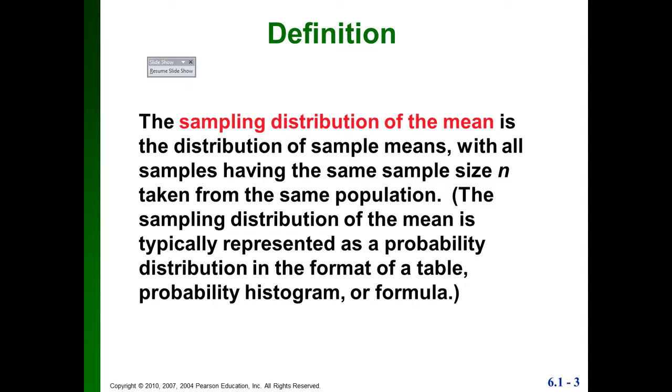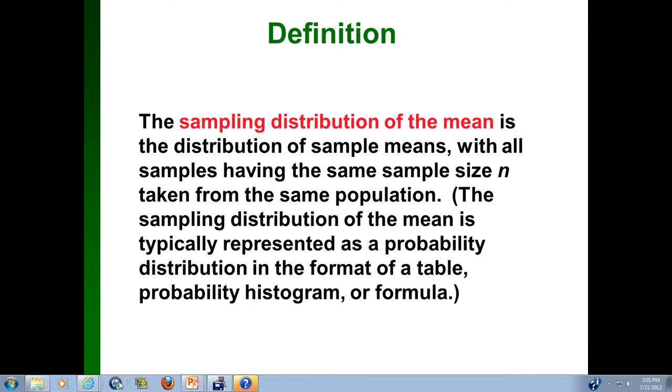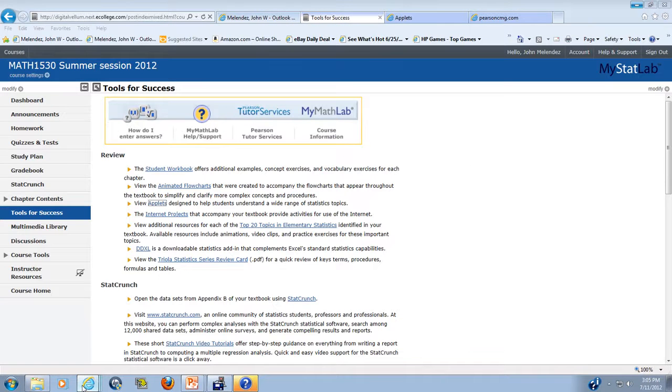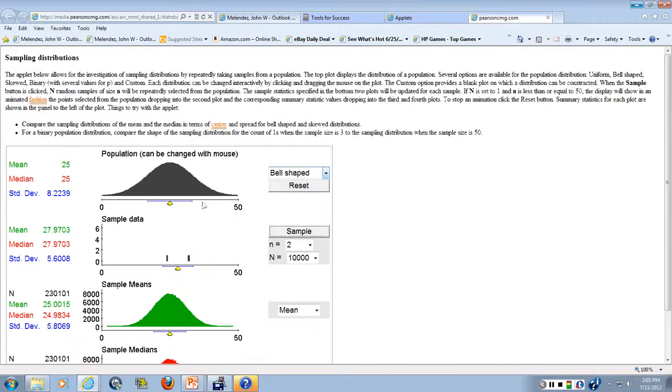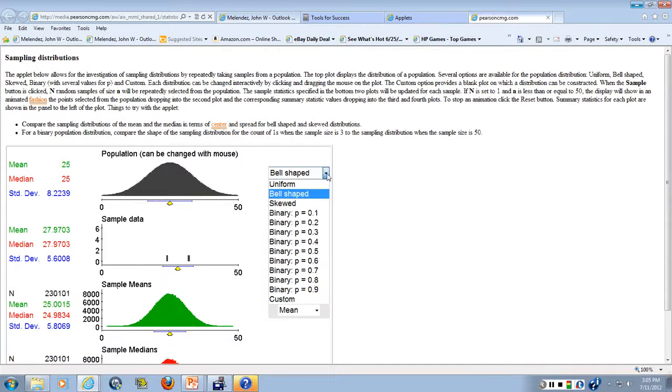Now, let's look at this. Let's say that we have this right here. In our exploration, let's say that this distribution was not normal. Let's say it was any other one.